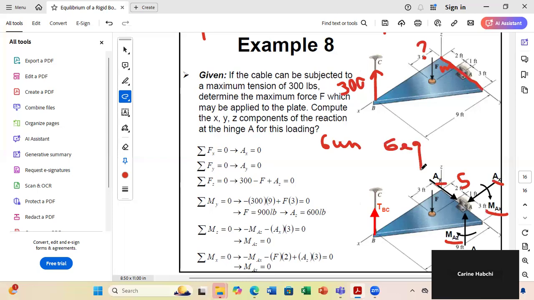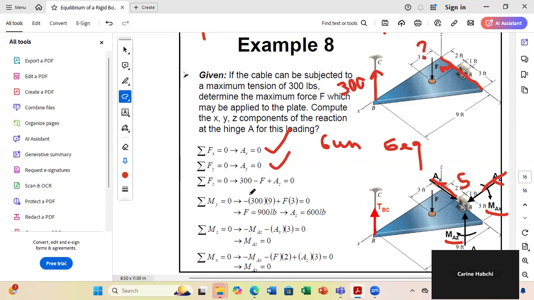So now I should write my equations. First equation is sum of x equals 0. I only have one force in x, which is A_X. So this will give me A_X equal to 0. Along Y, I also have only one force, which is A_Y. So A_Y should be 0.